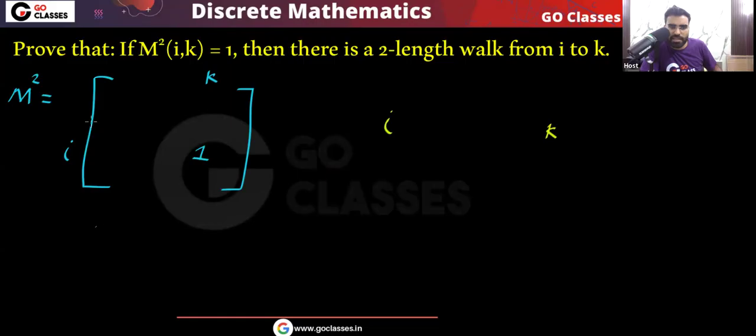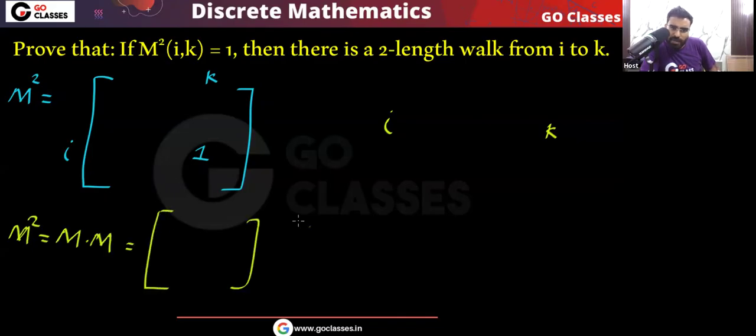Remember, how can I guarantee? Because in M power 2, this ik entry is 1. How did we get M power 2? M power 2 was basically M into M, that means M multiplied by M. But how are we getting this ik entry?